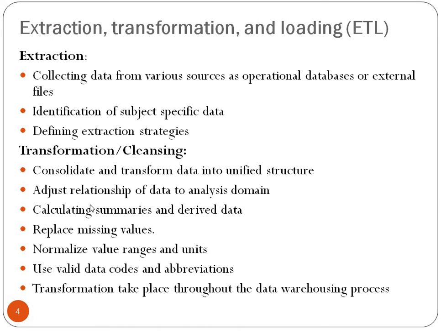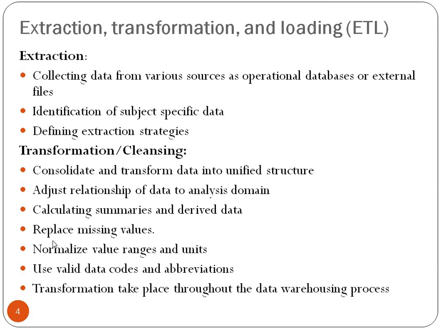The transformation process also includes adjusting the relationship of data to the analysis domain, and calculating summaries and derived data. Data cleansing ensures that the data warehouse includes valid and meaningful data. It is also called standardization of data. This step is useful as the main aim of a data warehouse is to convert raw data to meaningful information.